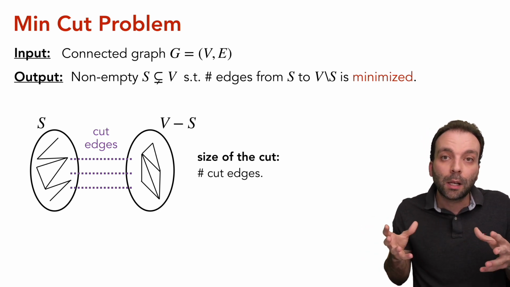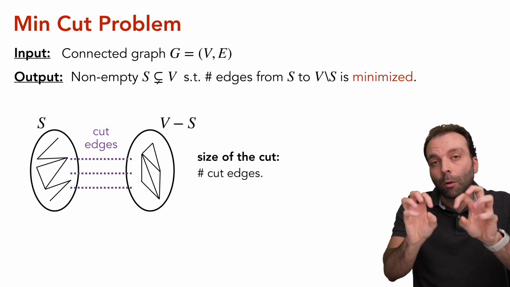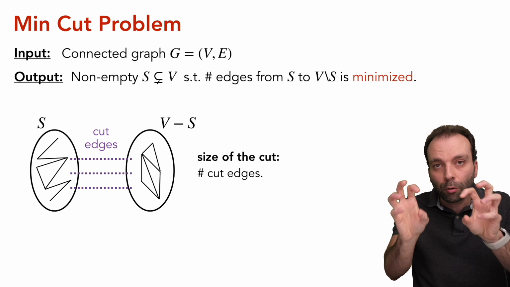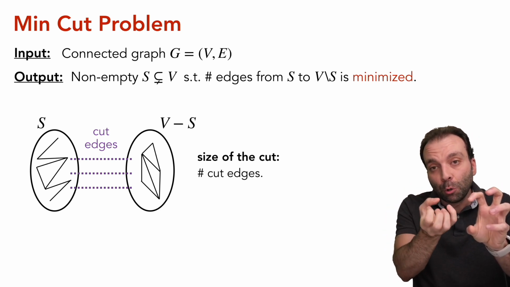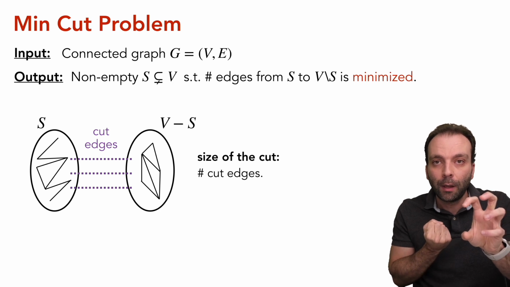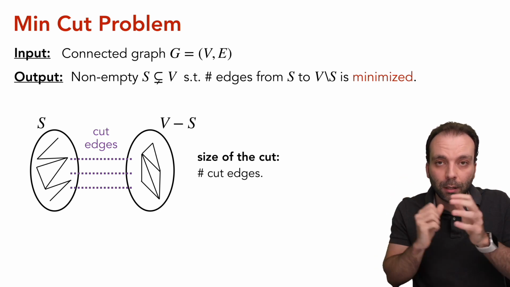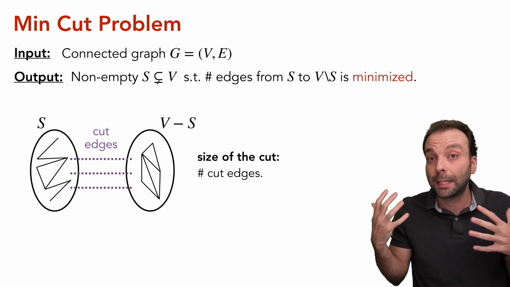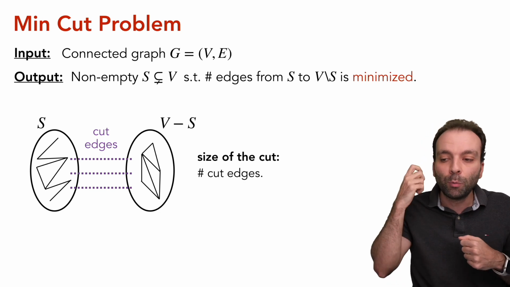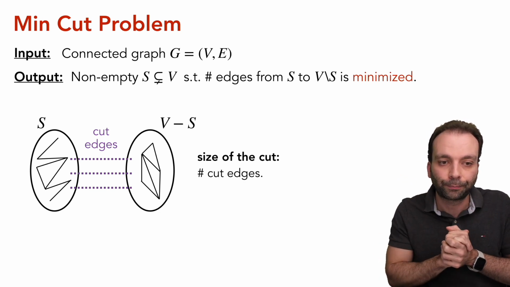If the min cut value is 1, then I can partition the vertex set into two parts such that there's exactly one edge between them. That means that by removing one edge, I can disconnect the graph. If the min cut value in general is k, then I can remove k edges from the graph such that the graph is disconnected.